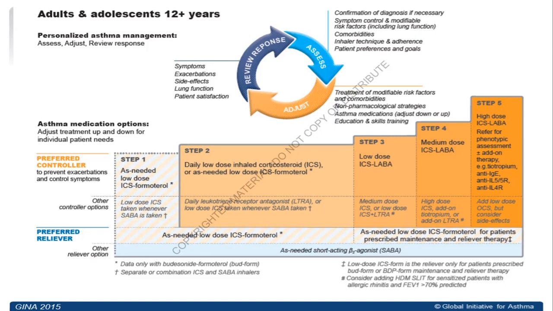We can add a biological agent, such as anti-IgE, as we saw in the pathophysiology: omalizumab, or anti-interleukin 5 such as mepolizumab, or anti-interleukin 4 such as dupilumab, which blocks interleukin 4 and 13. With the preferred reliever always as needed low dose ICS with formoterol, or as needed short acting beta agonist as another option.